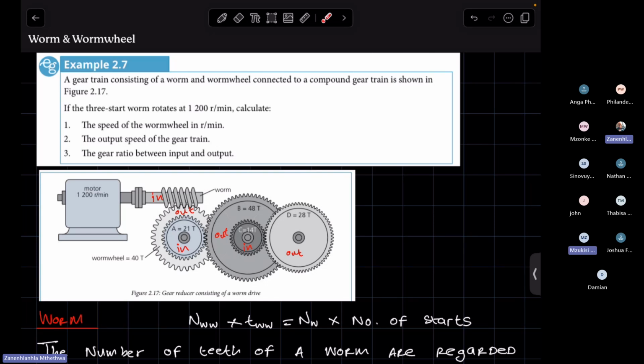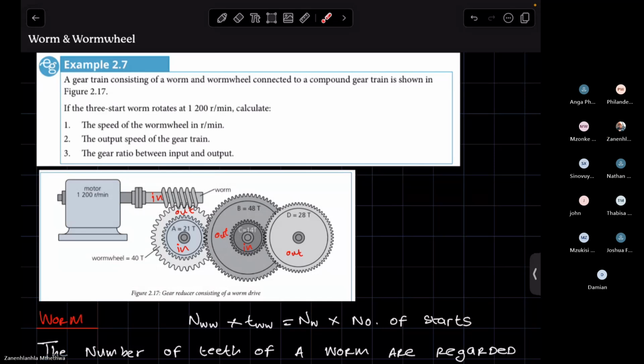Sorry, sir. If it's not stated that it's a three-start worm, can I, by looking at the drawing, assume that if I see 3 teeth on the gear engaged with the worm, it's a three-start? Or must it be stated?